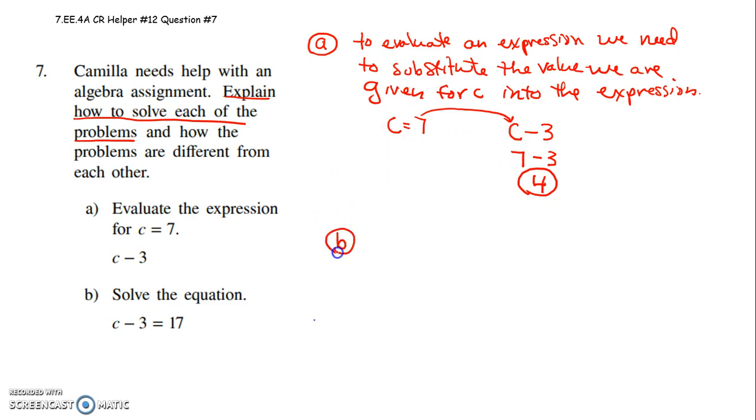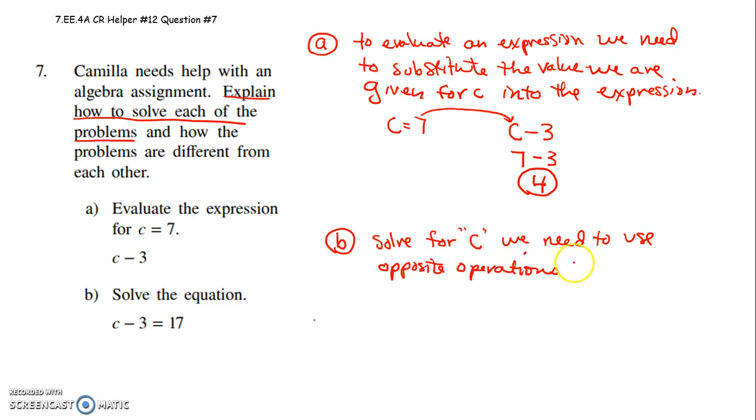So for letter B, now we want to solve an equation. To solve for C, for our variable, we need to use opposite operations to get C by itself on one side of the equal sign.